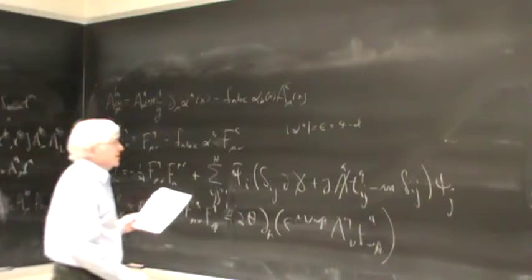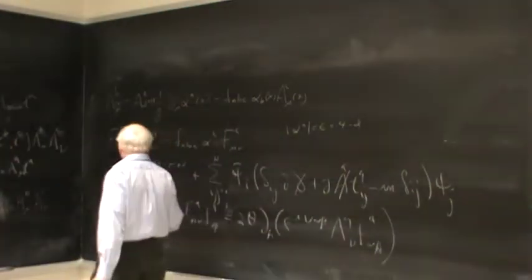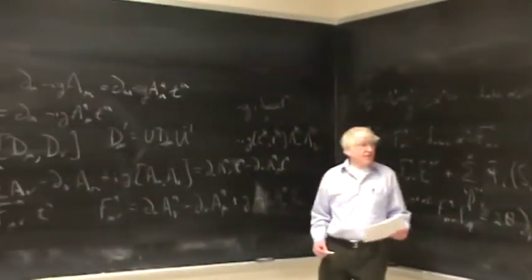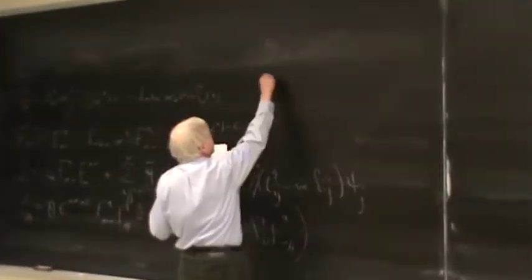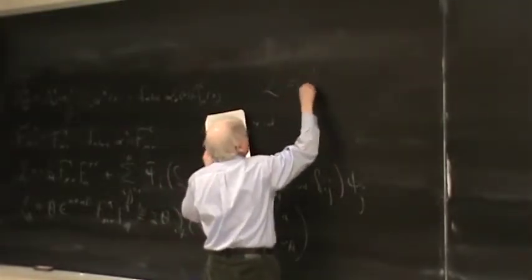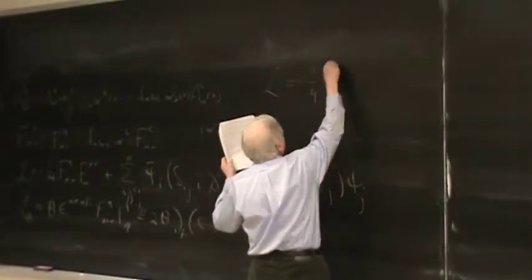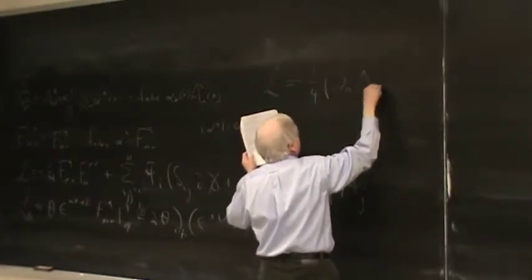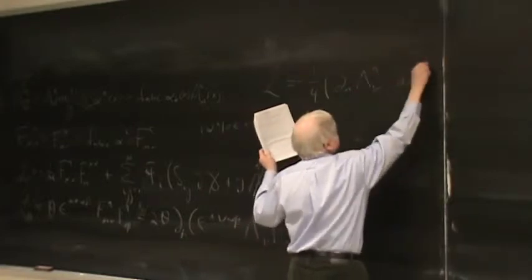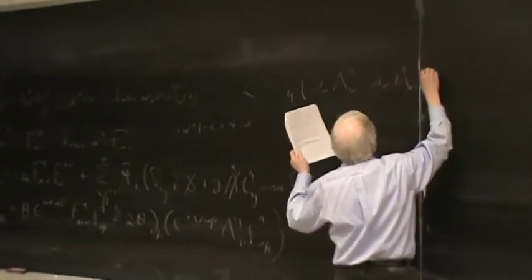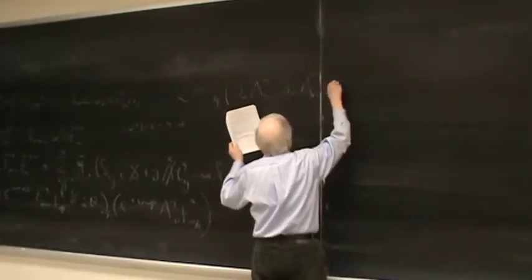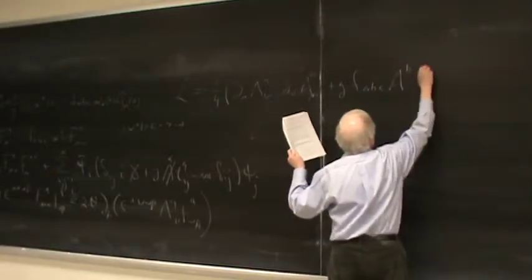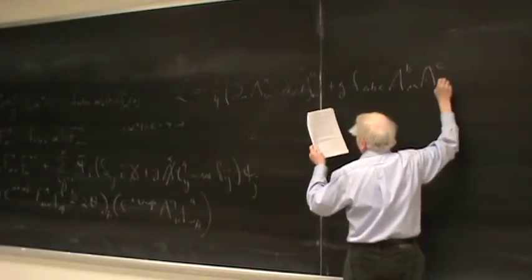We can rewrite the Lagrangian, the action density, by expanding the F's, which are of this form. And then what we have is L is minus a quarter. And I'm going to use Schwarz's notation now because it's too tiresome to write out all of these Lorentz indices.